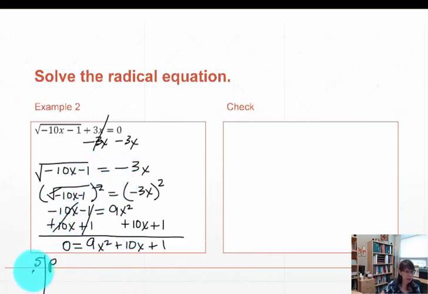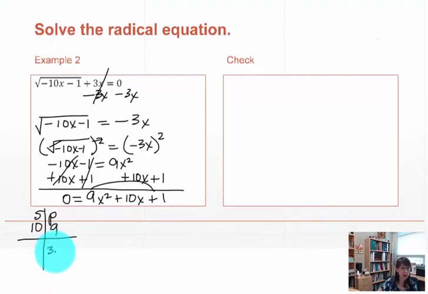From the middle, positive 10 is our sum, and 9 times 1 makes a product of 9. So either I have 3 times 3 to work with or 1 times 9. So we don't really have a lot of options with a product of 9. However, 3 plus 3 gives us a sum of 6. So that doesn't look hopeful. But 1 plus 9, that makes 10.